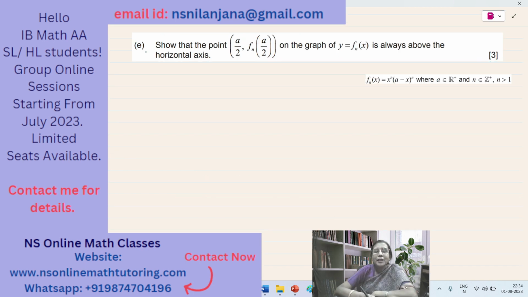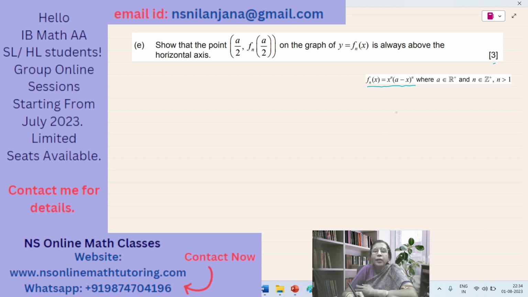Okay. So part E. Show that the point a over 2, comma, fn of a over 2, that means x equal to a over 2, on the graph of y equals fn of x is always above the horizontal axis or the x-axis. This contains 3 marks, and the expression for fn of x is this one.